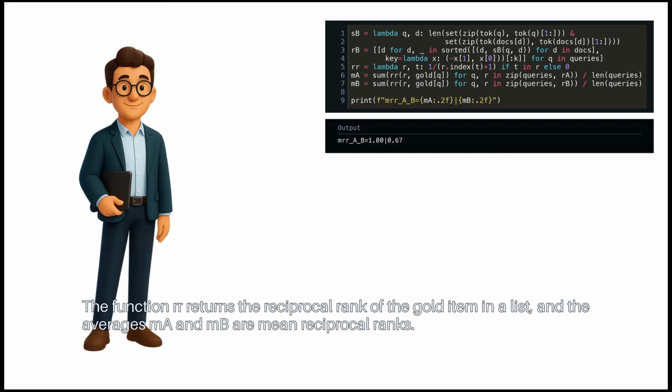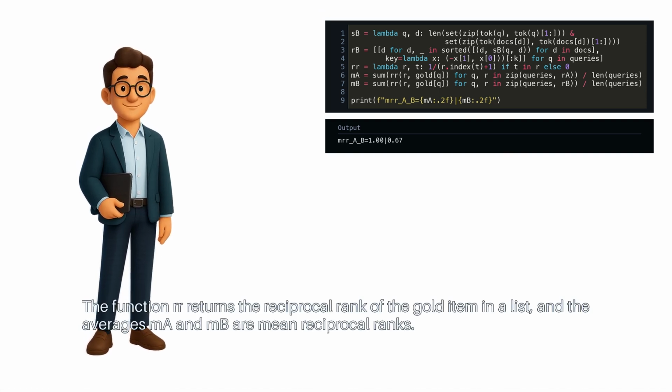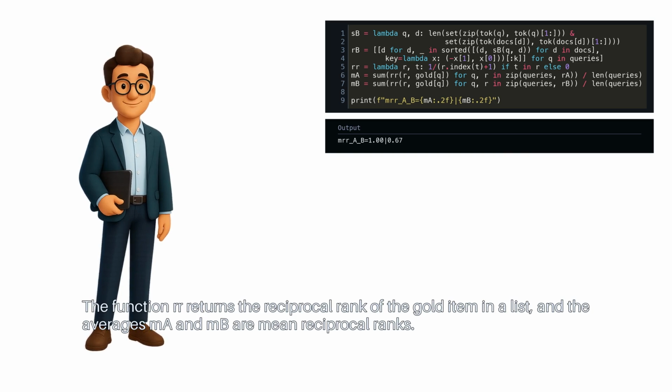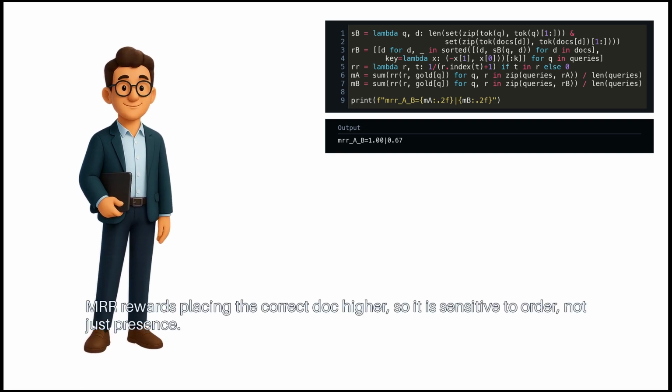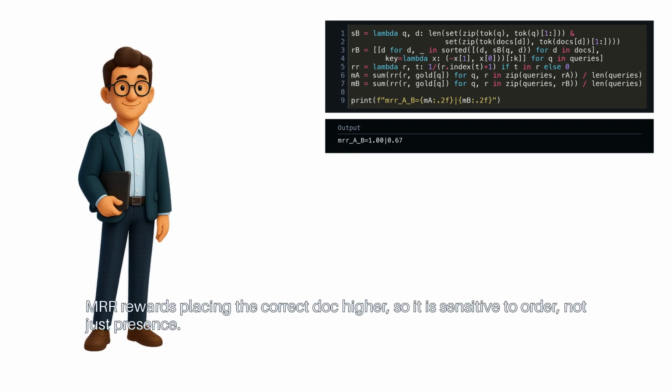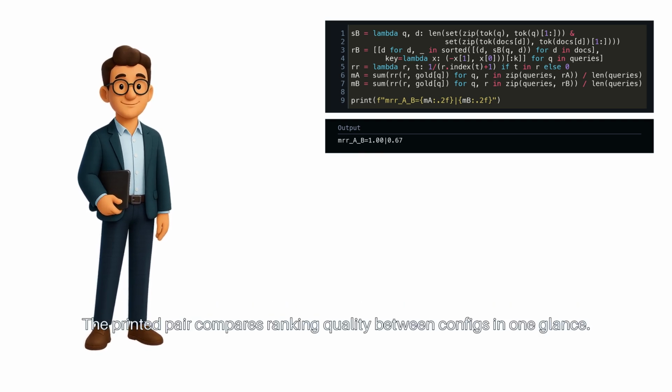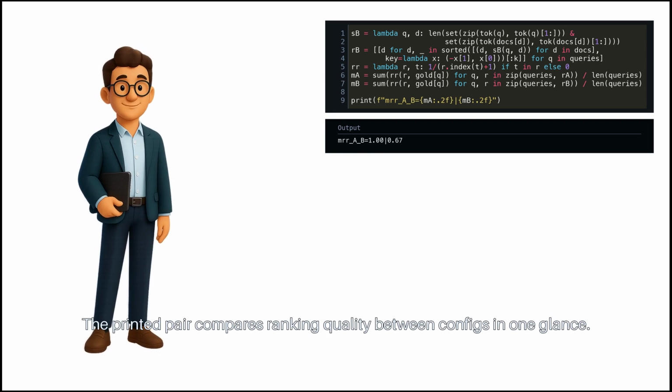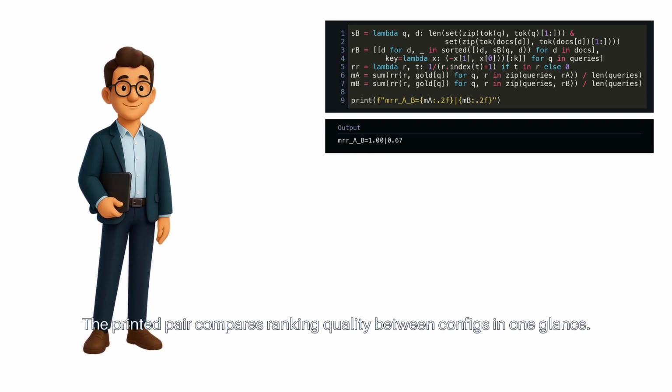The function RR returns the reciprocal rank of the gold item in a list, and the averages MA and MB are mean reciprocal ranks. MRR rewards placing the correct doc higher, so it is sensitive to order, not just presence. The printed pair compares ranking quality between configs in one glance.